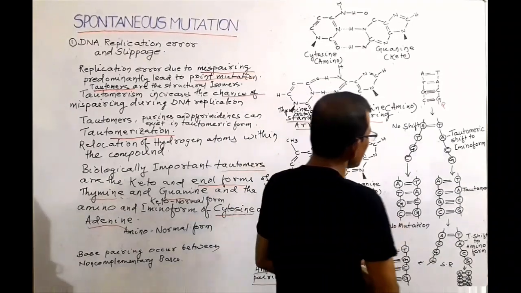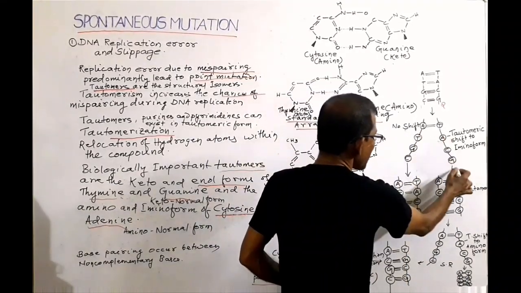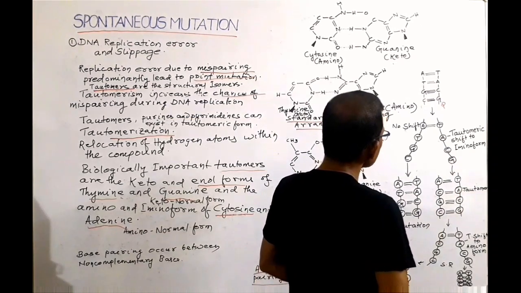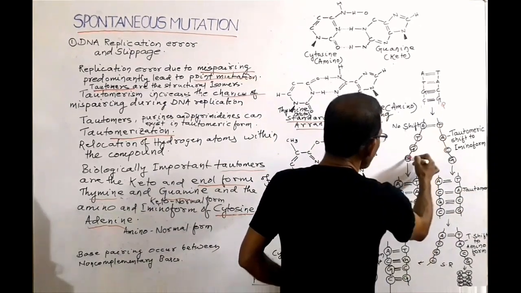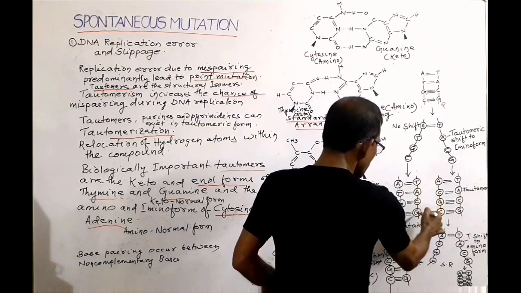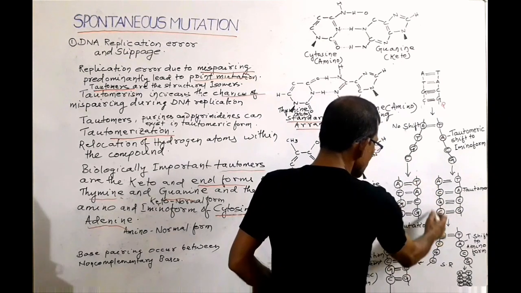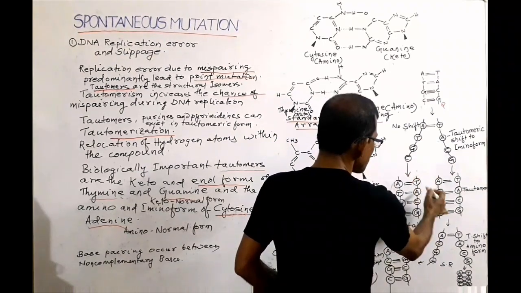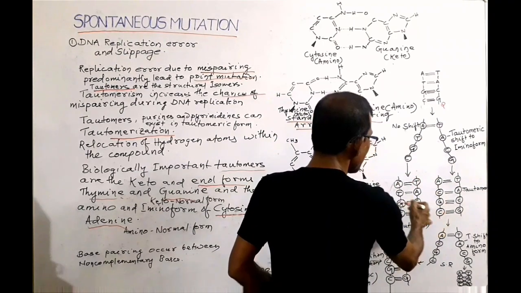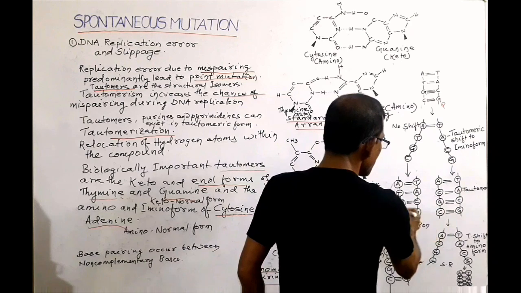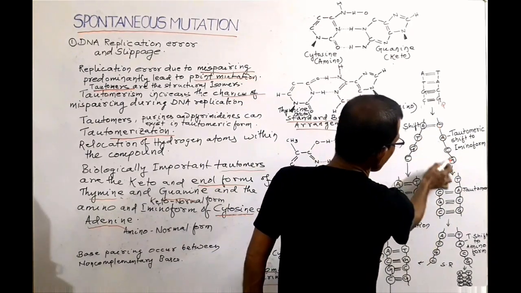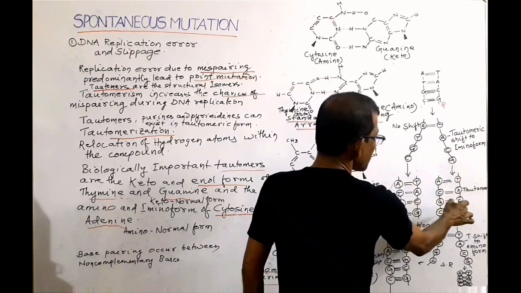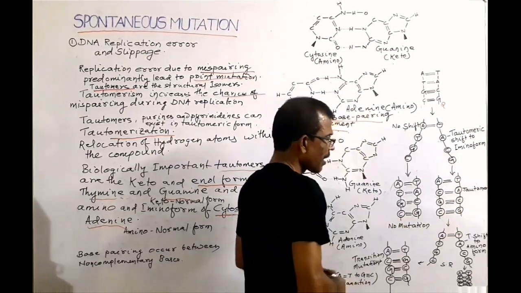Later on, we will see that these two strands act as templates for the synthesis of the complementary strand. So, this template strand is copied in a normal manner. So, there is no mutation because the replication has been taking place normally and there is standard base pairing. But this template strand has been replicated in a wrong way. How?